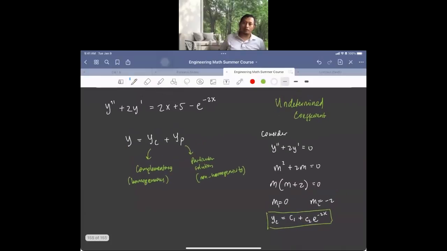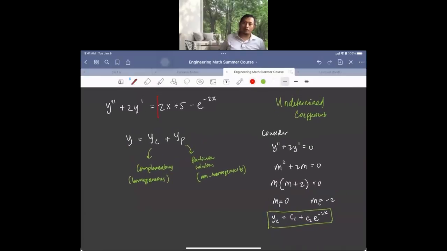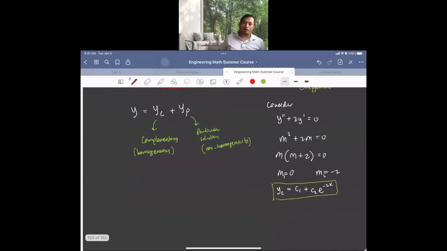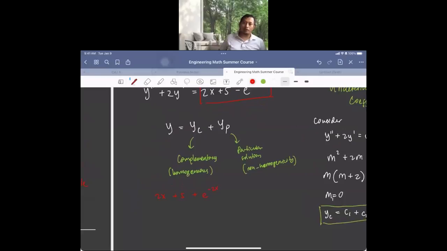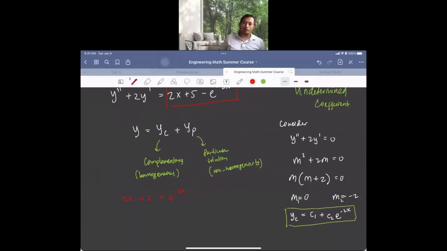Next step is we are going to propose our yp, or particular solution. How do we know yp? We are going to see what is happening on the right side. We have 2x plus 5 plus e to the power of -2x. Remember, I already gave you a table.